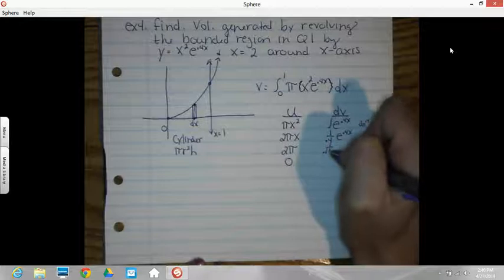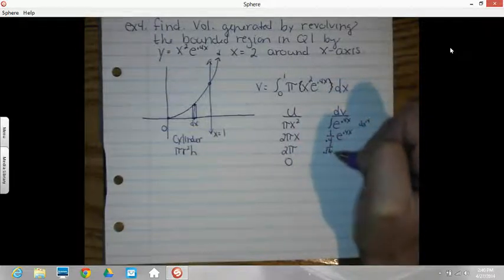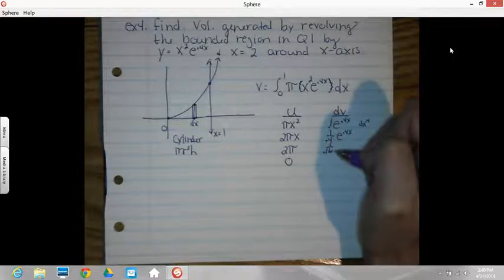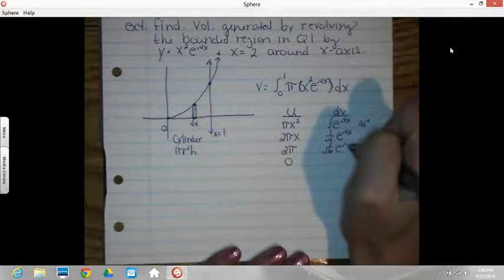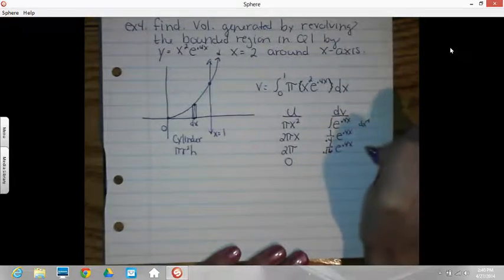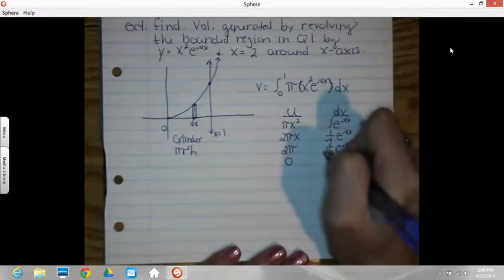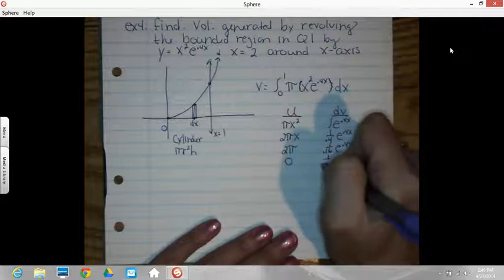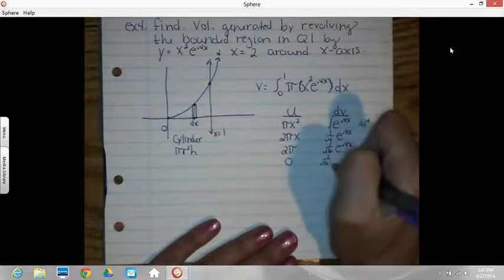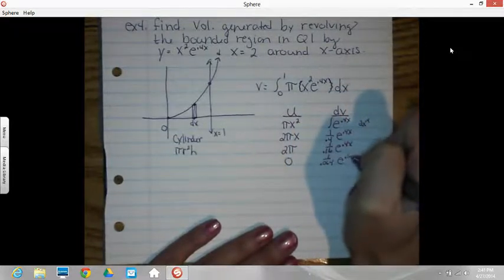Let me double check that before I make a mistake. 0.4 times 0.4 should be 0.16. Okay, e to the 0.4x. And then one more time, I need a 0.4 here, so I need another 1 over 0.4. So 0.16 times another 0.4 is 1 over 0.064 e to the 0.4x.